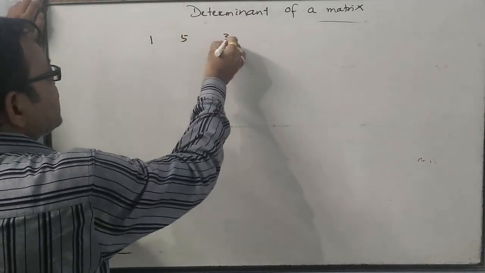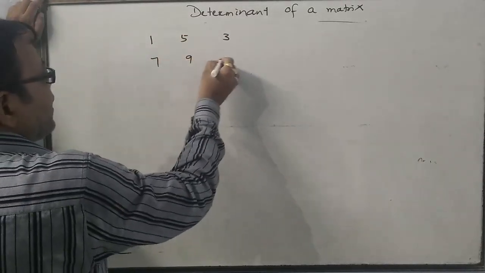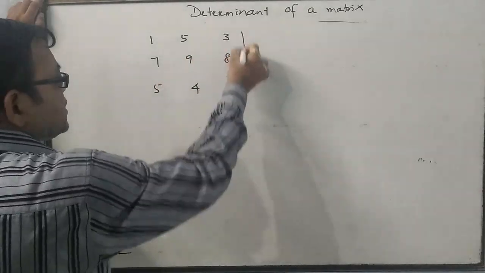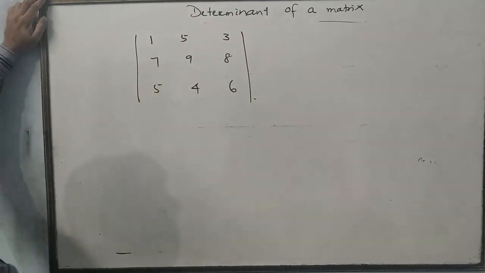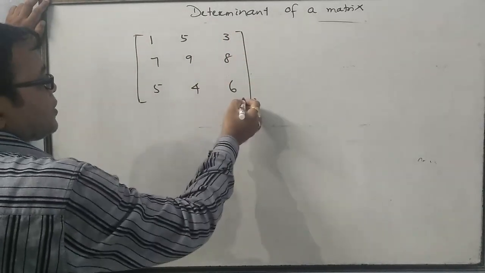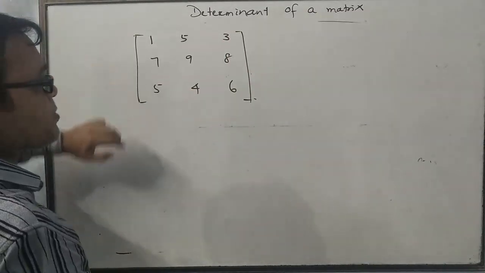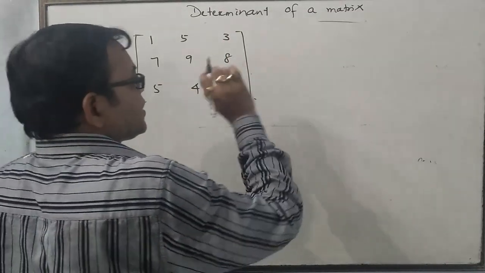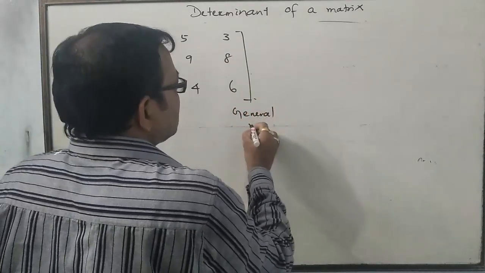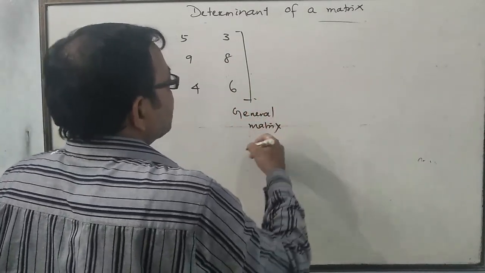Let us take a general matrix: 1, 5, 3, 7, 9, 8, 5, 4, 6. What is the difference between a triangular matrix and a general matrix? This is a general matrix of order 3 by 3.